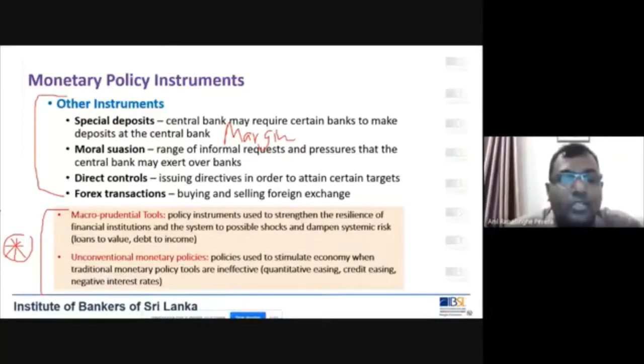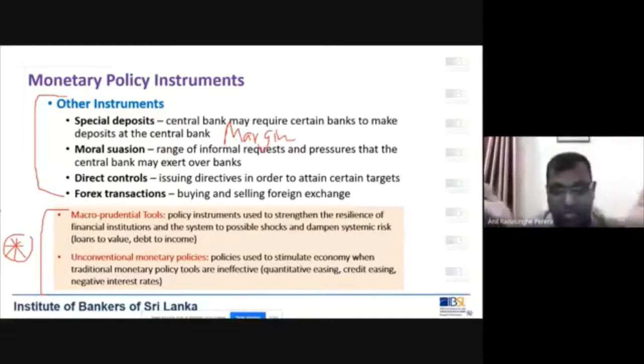So macroprudential means they are looking at the financial sector as a whole, not only one or two incidents or one or two entities. They look at the entire financial system as a whole and take decisions to prevent any unexpected shocks. So these are called macroprudential measures.